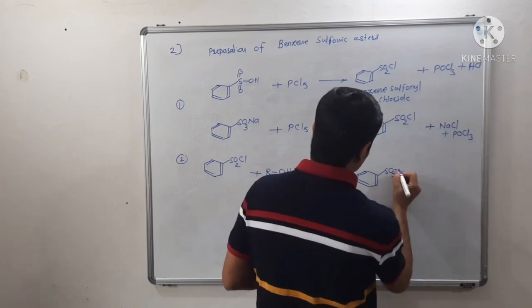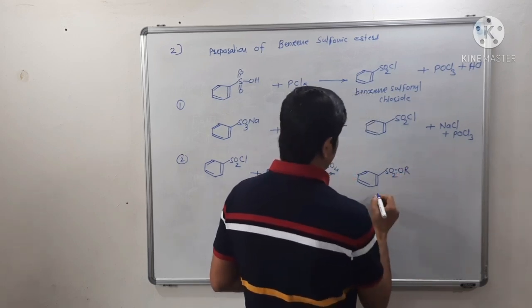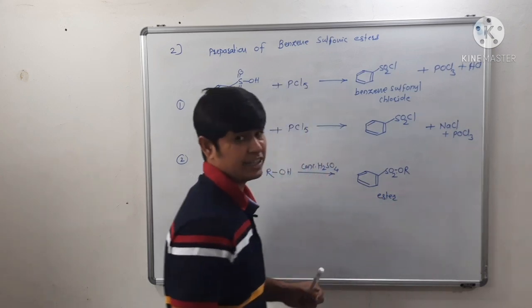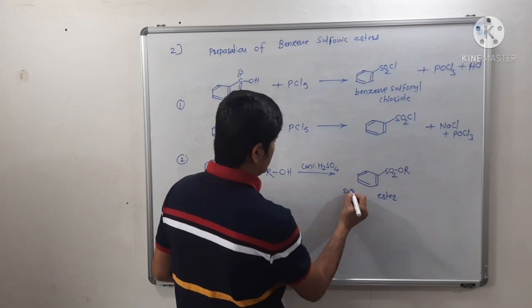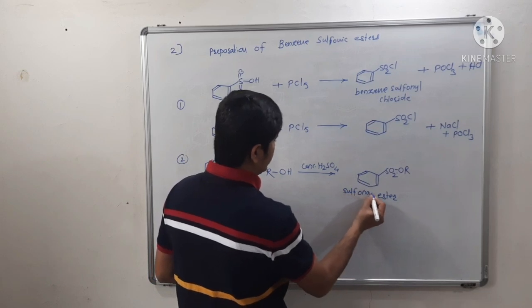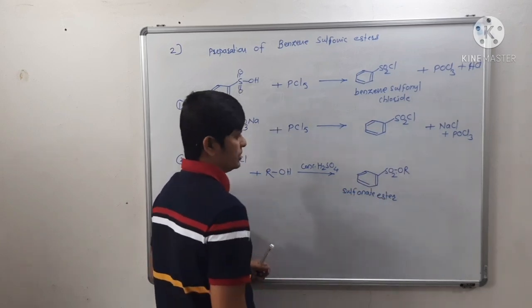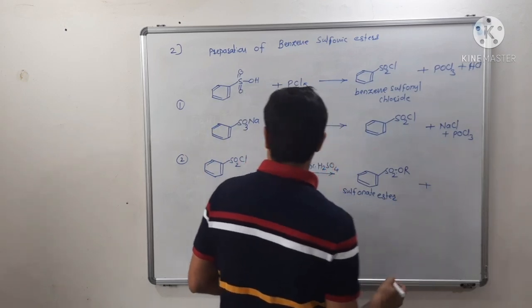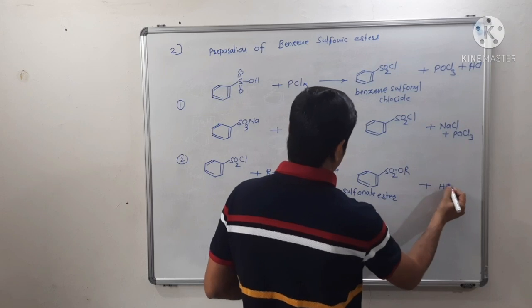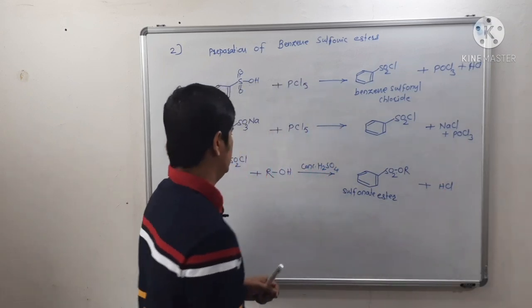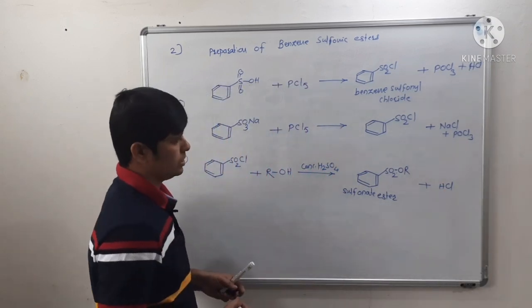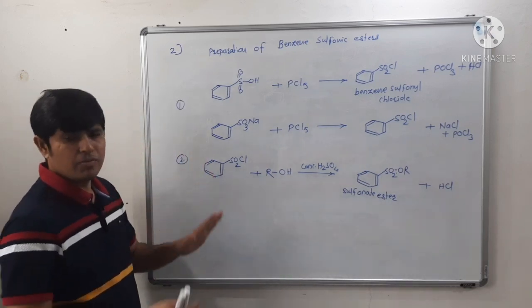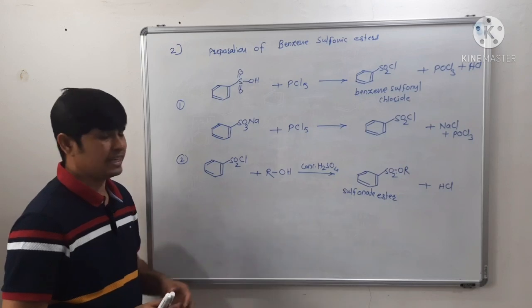We will get ester. Okay, we will get what? Sulphonate ester. This is a benzene sulphonate ester, or you may write sulphonate ester. And along with it there will be what? Byproduct HCl. So in this way we can prepare sulphonate ester.